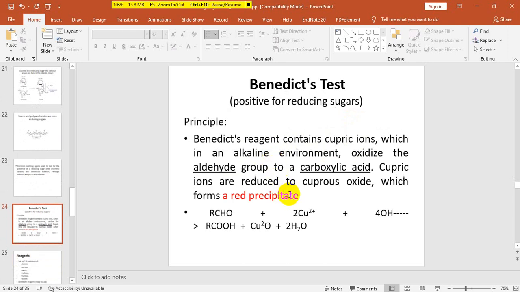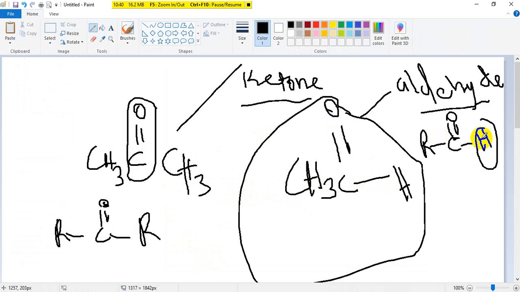Benedict solution, or Benedict reagent, contains cupric ions which, in an alkaline environment, oxidize the aldehyde group to a carboxylic acid. So this aldehyde group is converted to what? Carboxylic acid. We add O to it to make OH.